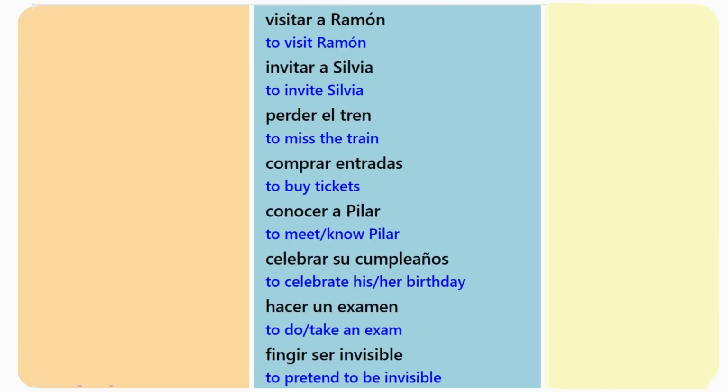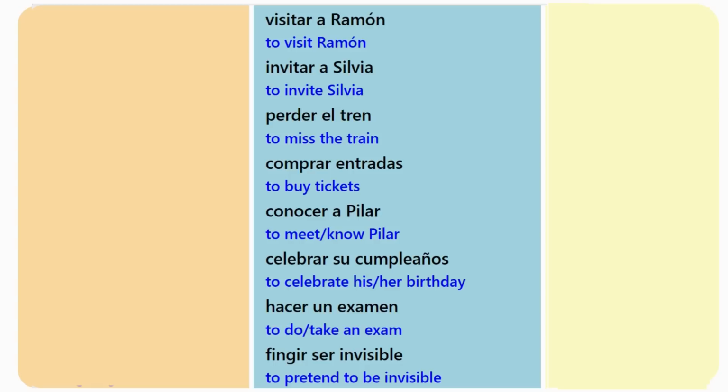And the next one is a fun one. Fingir ser invisible. Just with that one phrase there, there's a lot we can do with it, and we'll see that a little bit later. So we've got fingir, to pretend, ser, to be, to pretend to be, invisible.